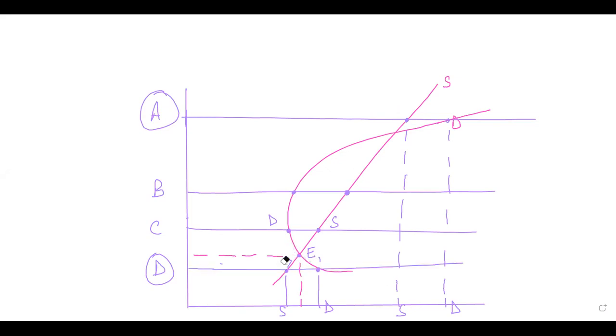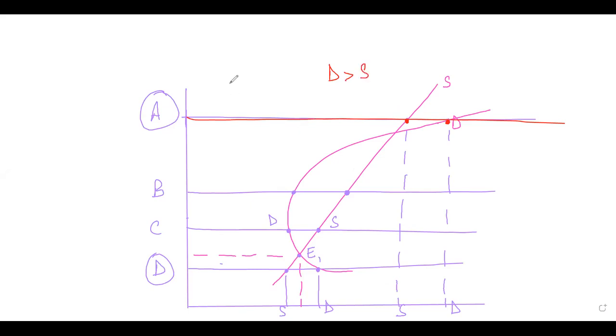Why? Because either the prices were increasing or the prices were reducing. At point A, what is true? It cuts the demand curve at this point. The straight horizontal line is showing you the price level. So it's cutting your demand curve at this point and your supply curve at this point. When demand is greater than supply, what happens to prices? Prices will rise.